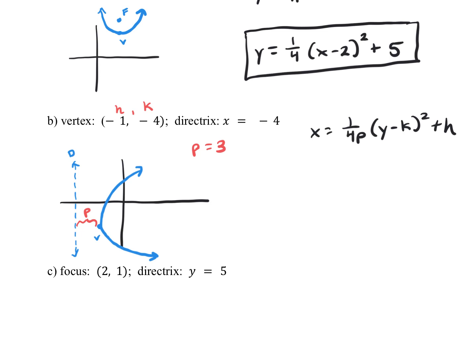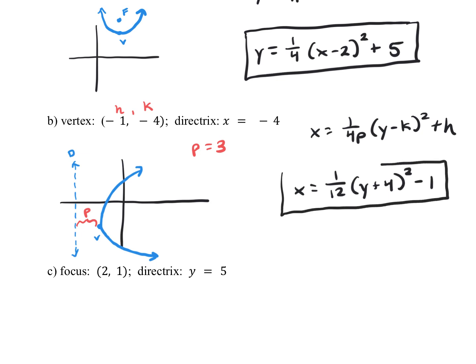So p is equal to 3, and we're going to keep it positive because it is opening in the positive direction. Now I just plug in my values. So x equals 1 over 12 times (y plus 4) squared minus 1. Remember, we only do the opposite for whatever's grouped inside our parentheses.